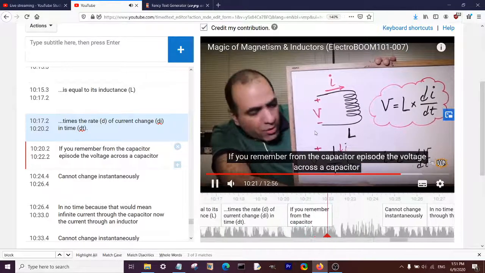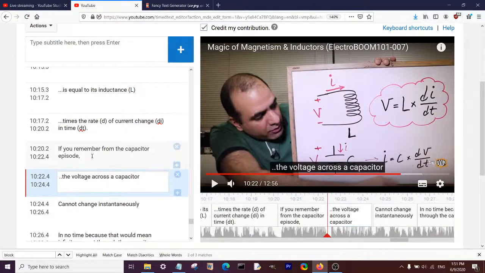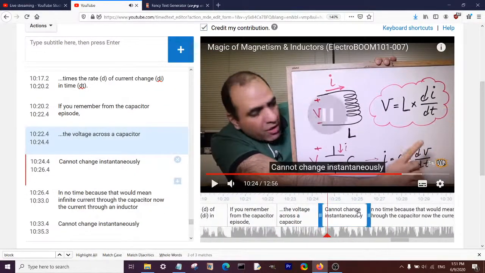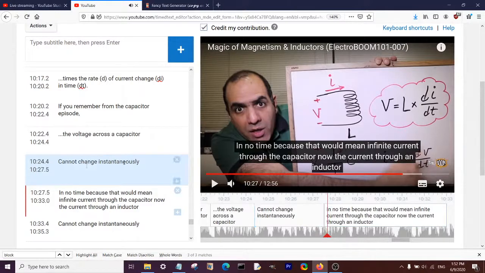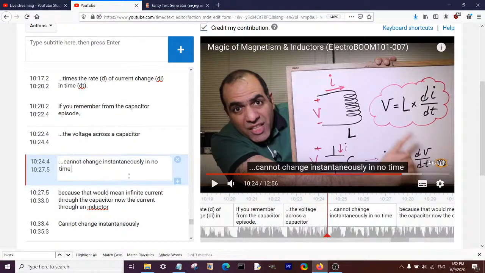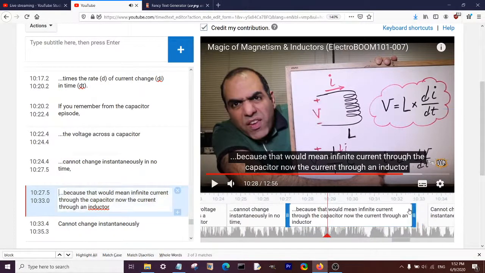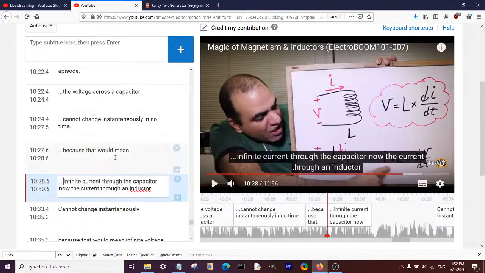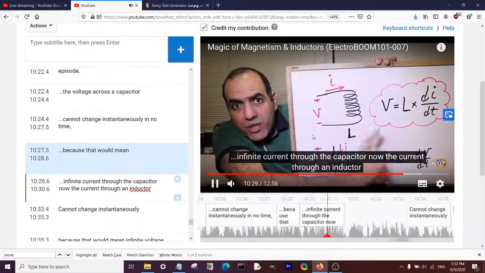If you remember from the capacitor episode, the voltage across a capacitor cannot change instantaneously in no time, because that would mean infinite current through the capacitor.